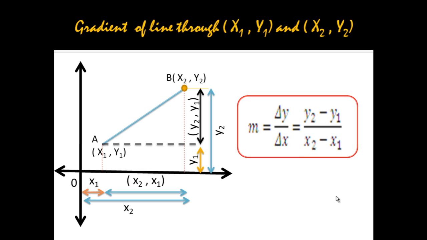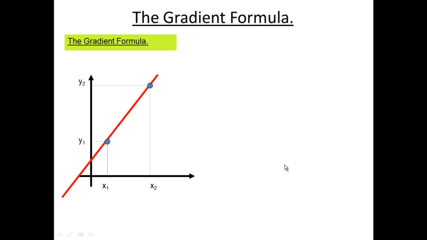We can determine gradient of line through 2 points with this formula. Look at this picture. It is the first point x1 and y1, and then this is the second point x2 and y2.